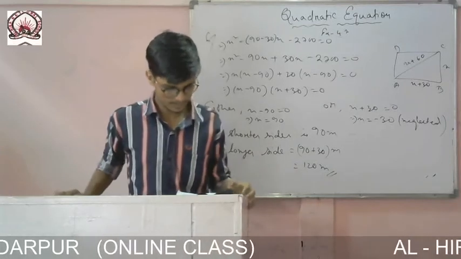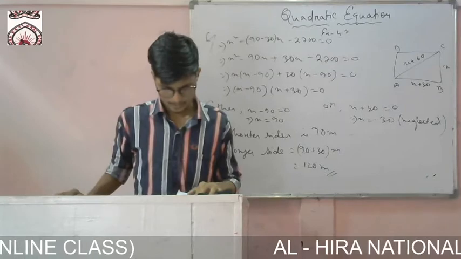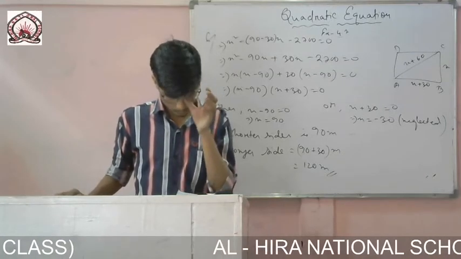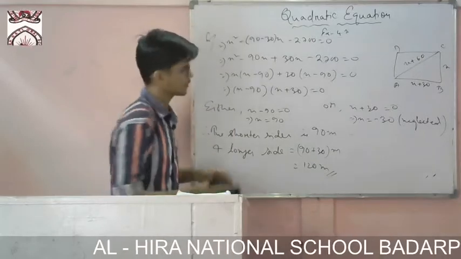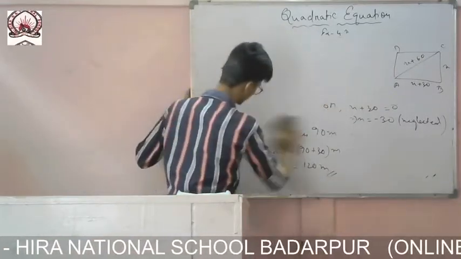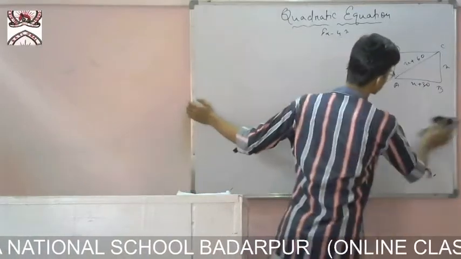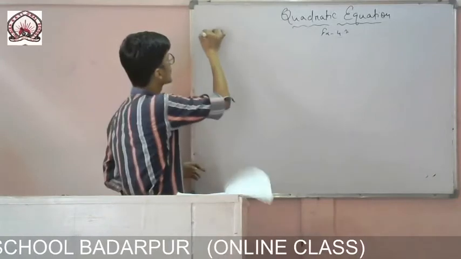Now question number 7. The difference of the squares of two numbers is 180. The square of the smaller number is 8 times the larger number. Okay, so no problem, very easy sum. Question number 7.